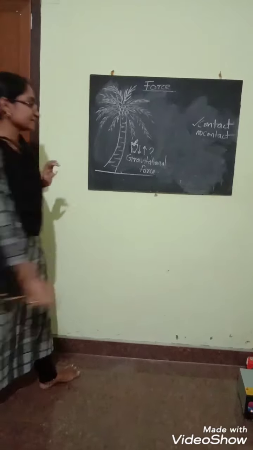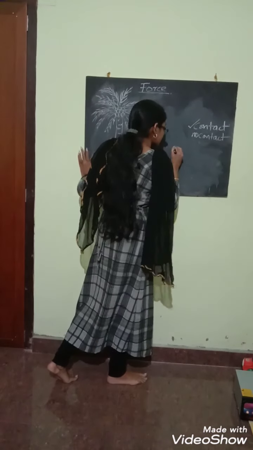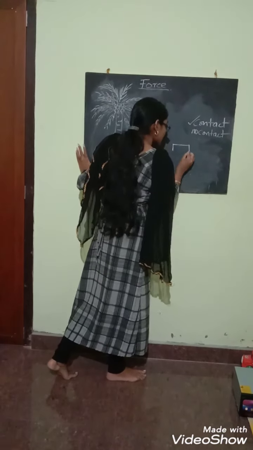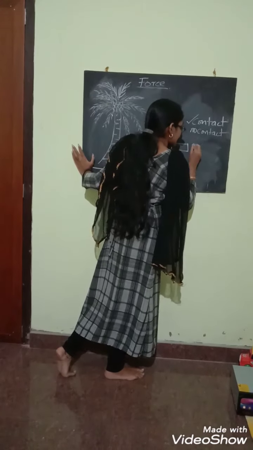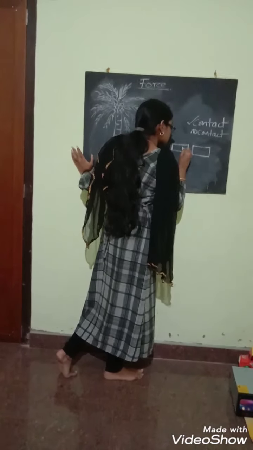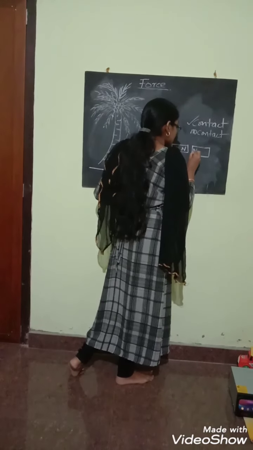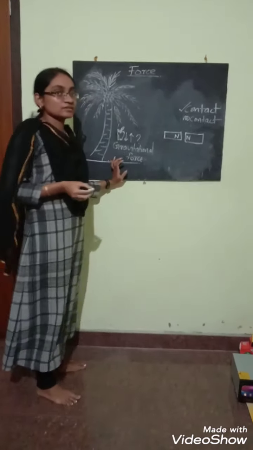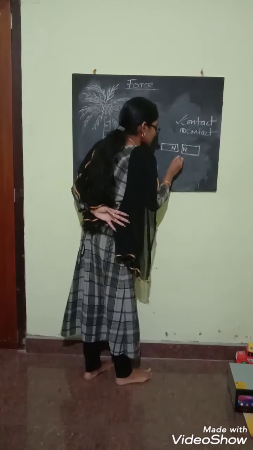Now we are going to consider the next example. Taking two magnets. This is the north pole and this is the north pole again. Then what happens? Here repulsion occurs.